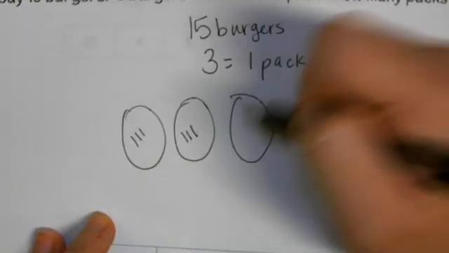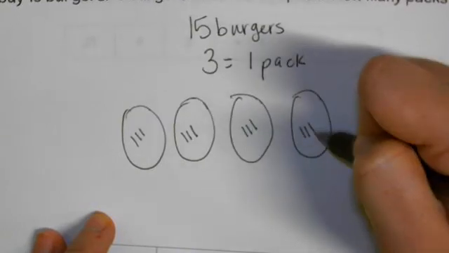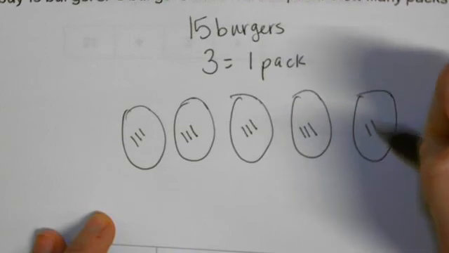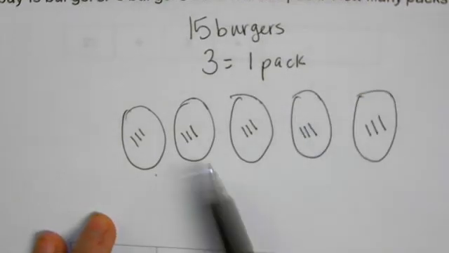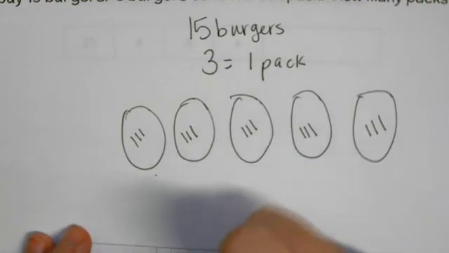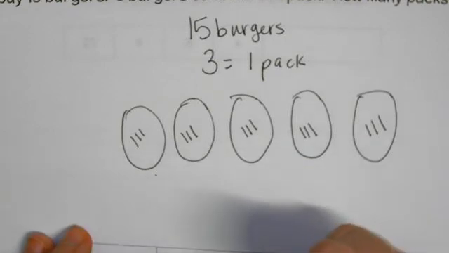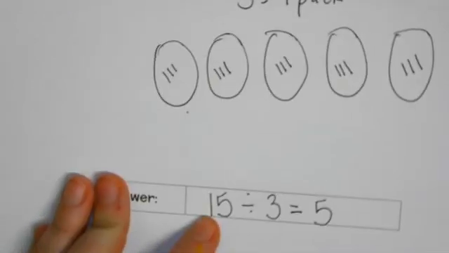I got to get to 15. 7, 8, 9, 10, 11, 12, 13, 14, 15. So how many packs did I get? 1, 2, 3, 4, 5. So what I just did is 15 divided by 3 equals 5. If I have 3 in each pack, then I need 5 packs.